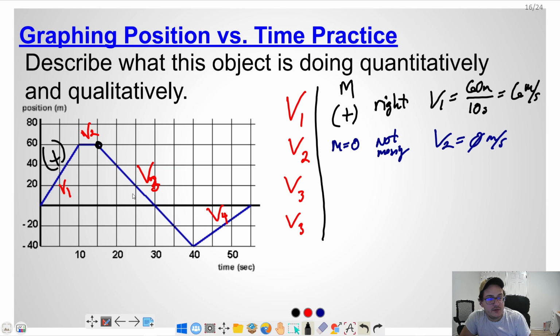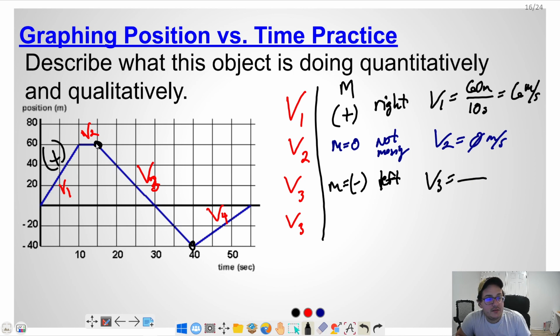Now for velocity 3, you could do any segments along that line. I'm going to do the whole thing. So if we look at the slope, it is negative. So what does that mean? Well, that means the object is moving to the left or down. To find that slope, it would be rise over run.